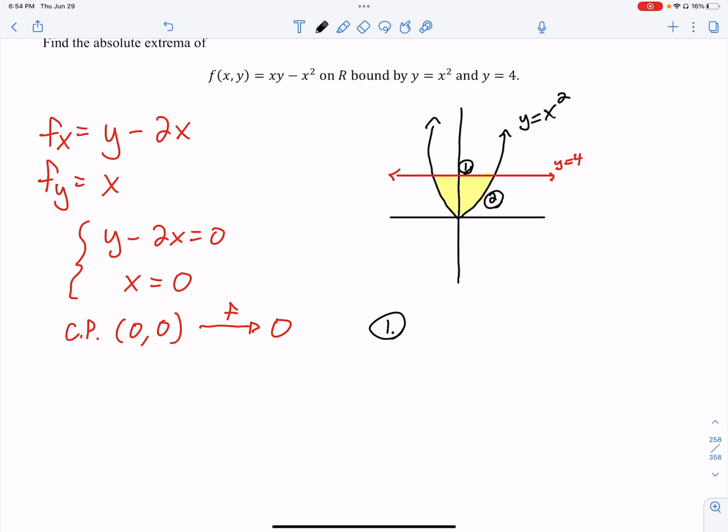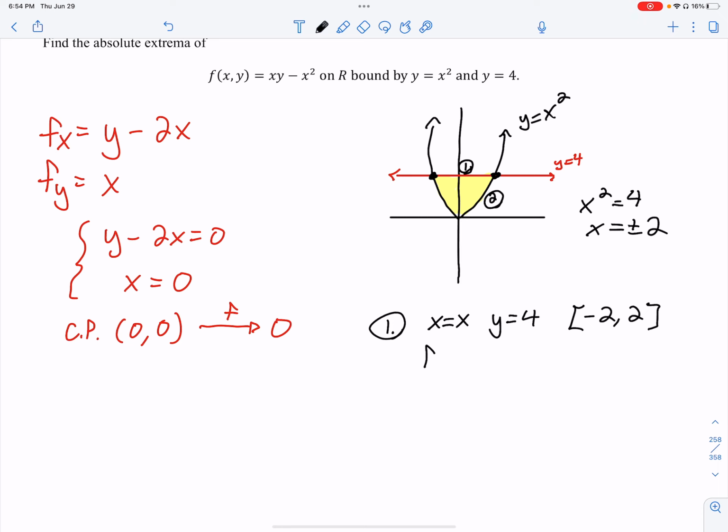The first boundary is y equals 4, and we've got to find where they intersect. So x squared is equal to 4 when x is plus or minus 2. So I know that this runs from negative 2 to 2. I do that same method that we saw in our last problem.